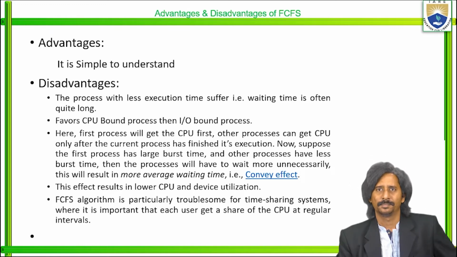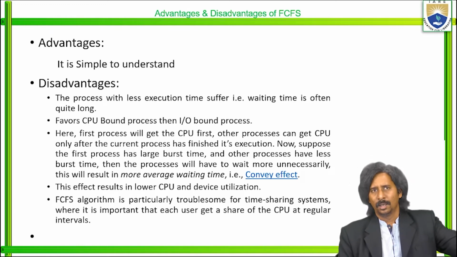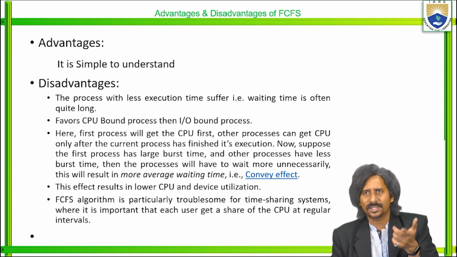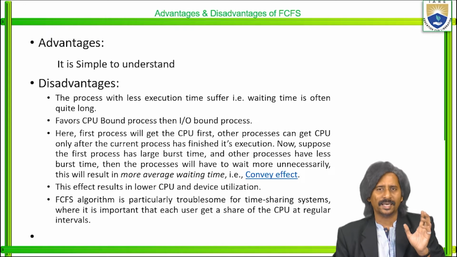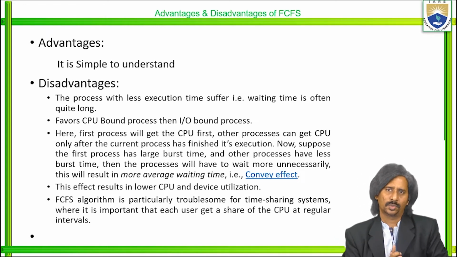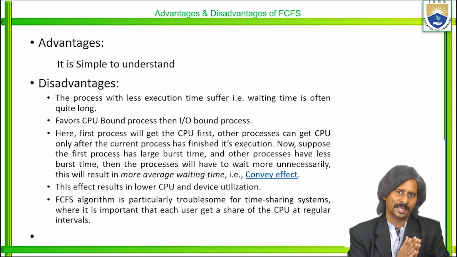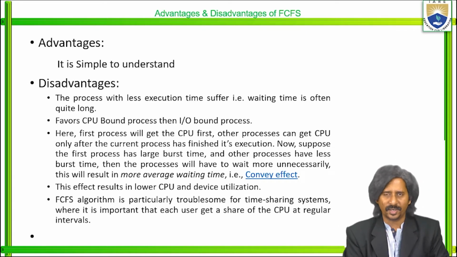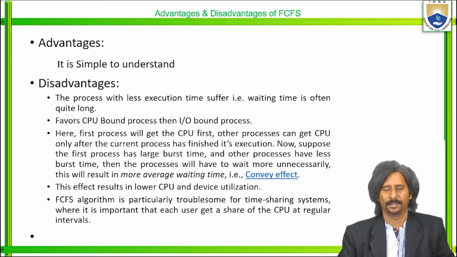Convoy effect, right? So when compared to the remaining algorithms, this convoy effect results in lower CPU and device utilization. So according to the FCFS scheduling algorithm, the processor utilization as well as the device utilization is less, right?